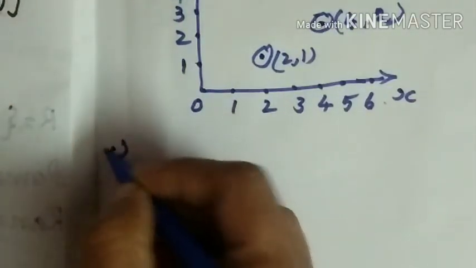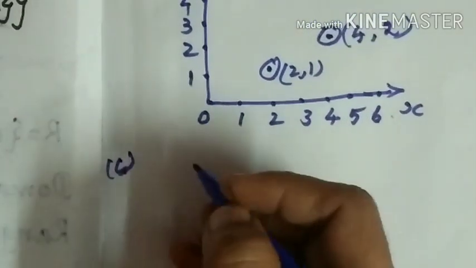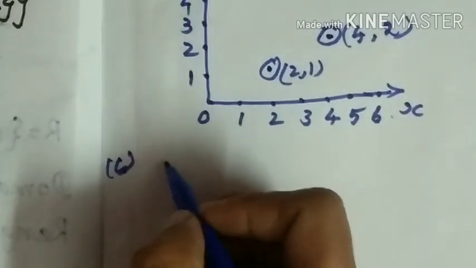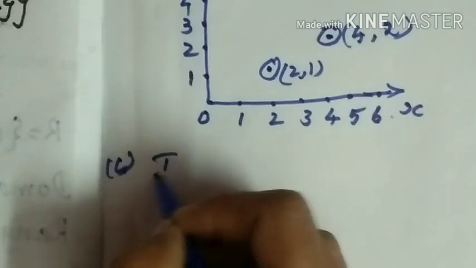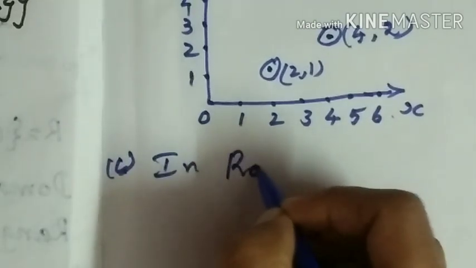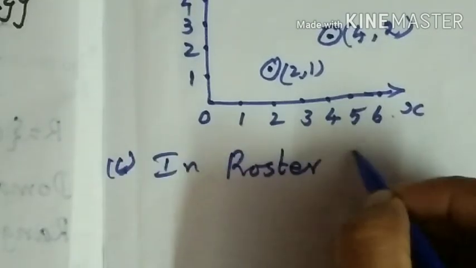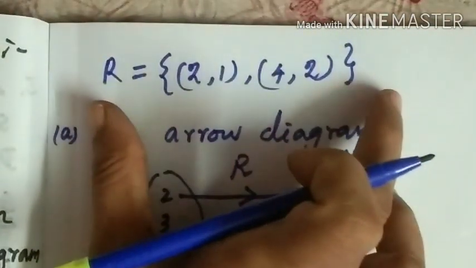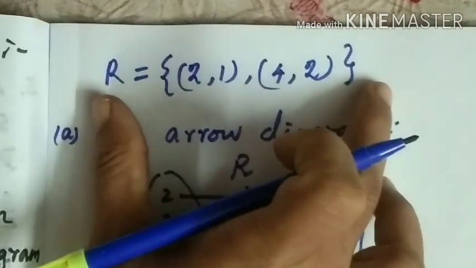Then the last subdivision, a set in roster form. See, in roster form, this relation's ordered pairs, you just take down and write.